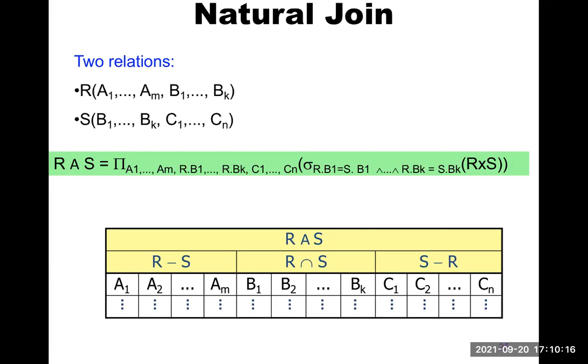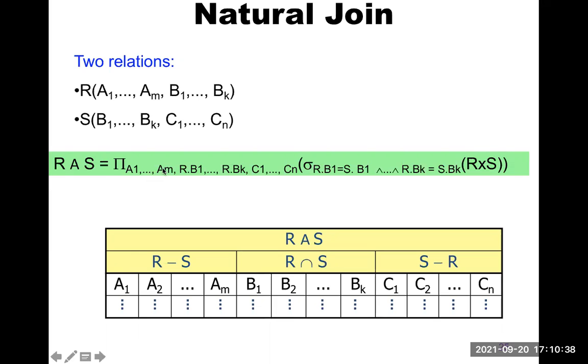So in every combined record from two tables, we check B1 from here, B1 from there. If the other is not the same, we don't want this record. We search only for equivalent values in appropriate columns.